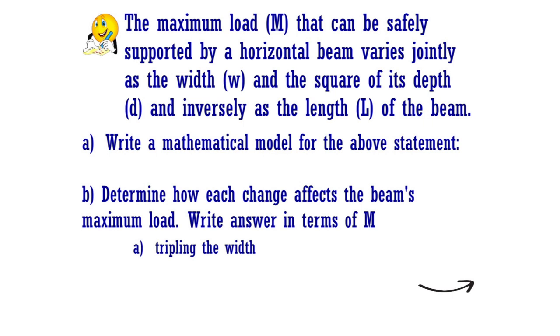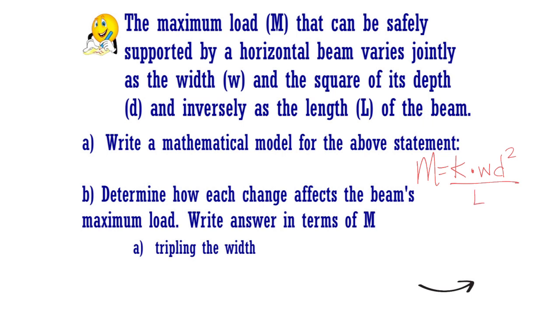The load, which is the maximum load, so that's M, is equal to K, and we're doing joint variation. So K times W, the width, and the square of its depth, D squared. But it varies inversely, so we turn that into a fraction, as the length.